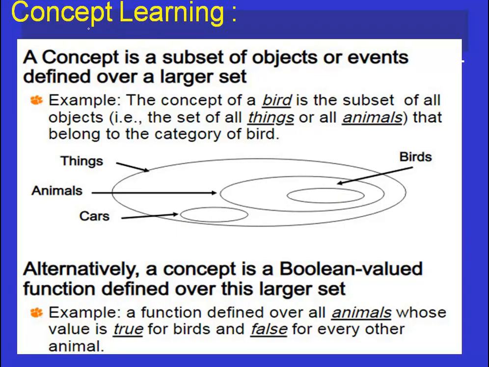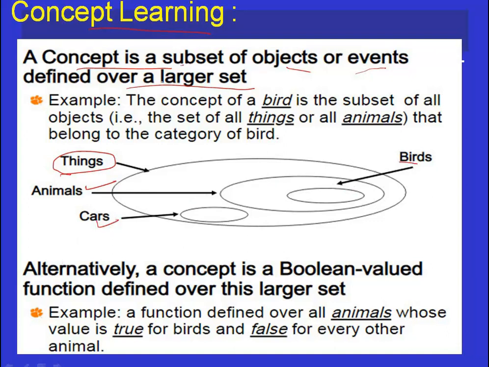So first we'll learn what is concept learning. A concept is a subset of objects or events defined over a larger set. For example, here the larger set is things, and animals is a subset of things, cars is a subset of things, and birds is a subset of animals.